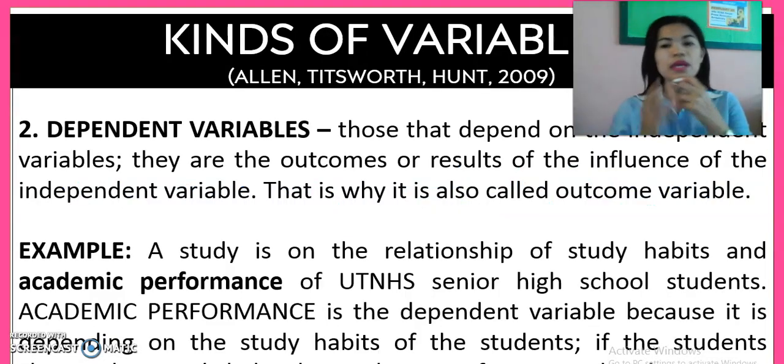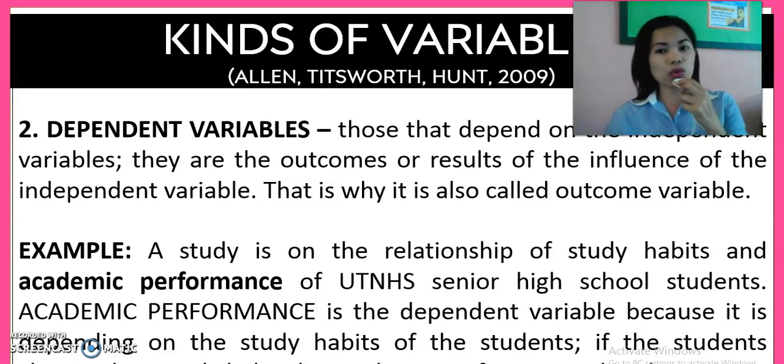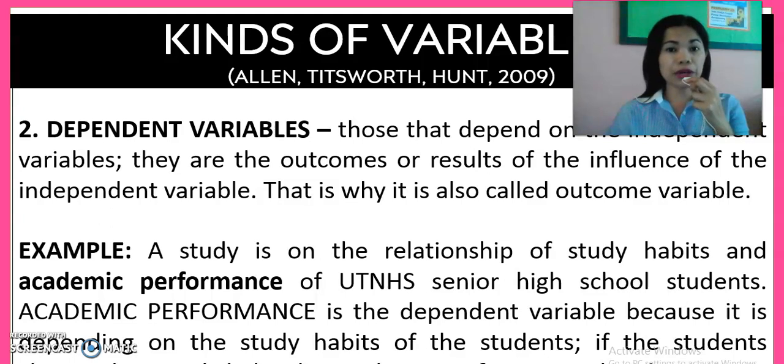Then next is dependent variables. Those that depend on the independent variables, they are the outcomes. Earlier we have the independent variable, which is the cause, and the dependent variable is the outcome or result of the influence of the independent variable. In our example, a study on the relationship of study habits and academic performance of UTNH senior high school students, academic performance is the dependent variable.